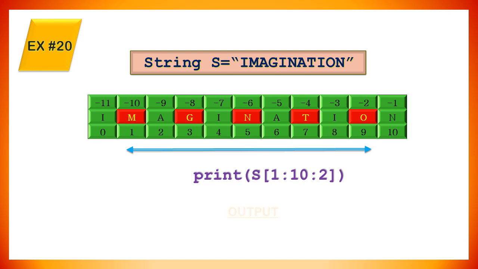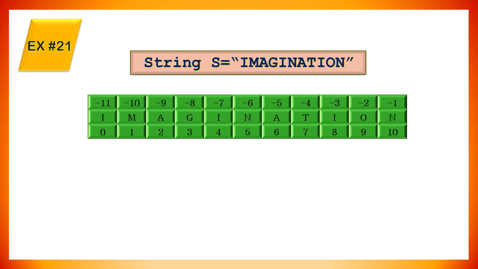So we can see the characters M, G, N, T and O get extracted and as a string it is returned in the output. So this is how we extracted the discrete set of characters. We are not selecting all the consecutive sets, we are selecting discrete, non-contiguous set of characters.